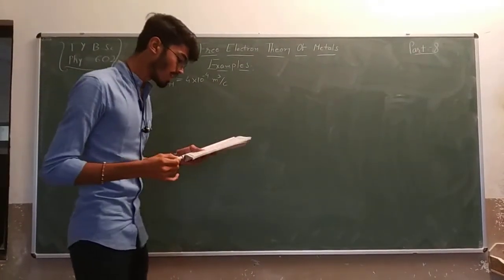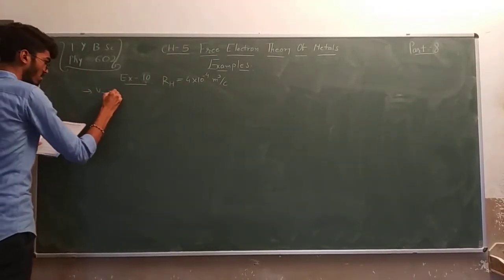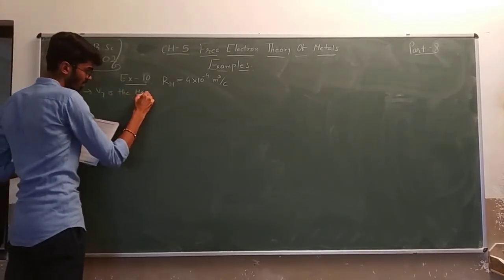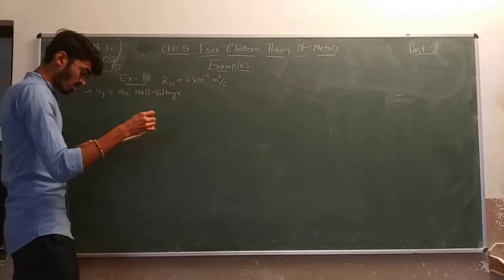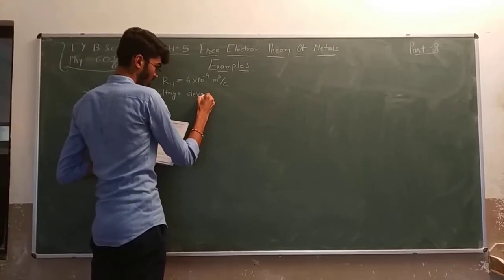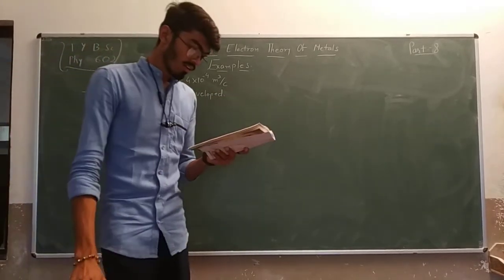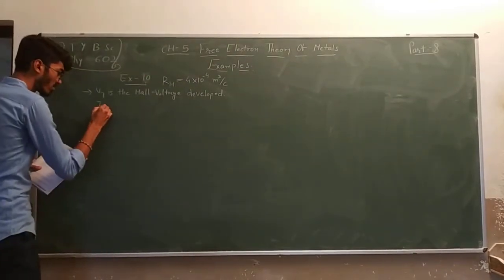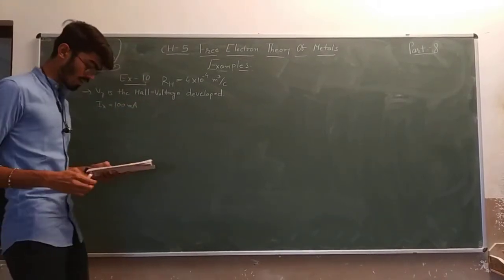Here V_y is the Hall voltage developed, and they give us a current, that means I_x is equal to 100 milliampere.